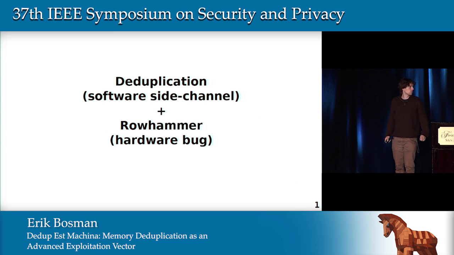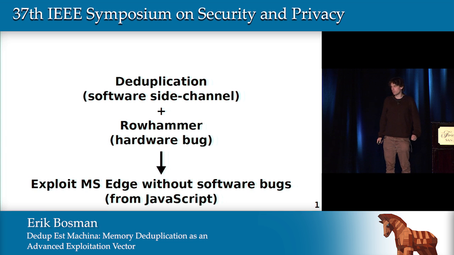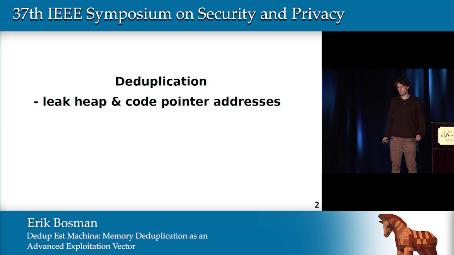So I'm going to abuse a deduplication side channel, which together with Rowhammer, which is a hardware bug, allows us to exploit a modern browser, Microsoft Edge, without the use of any additional bugs in the browser itself from JavaScript. So in short, how are we going to do this?